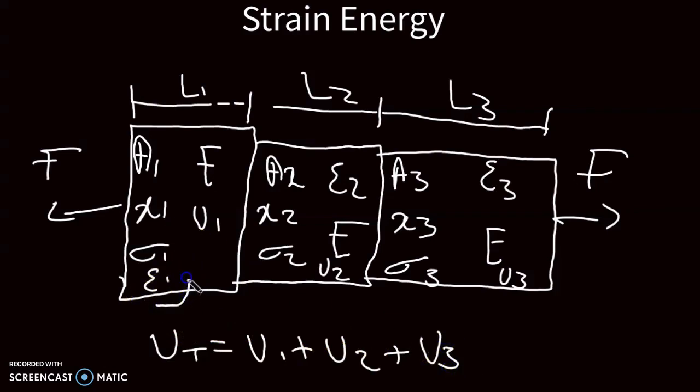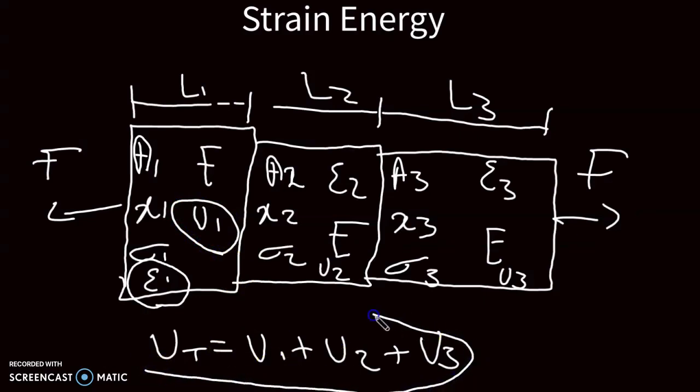Take note that this is strain and this is strain energy. They are not the same. And then we will be having a new component on our diagram, which is our strain energy.